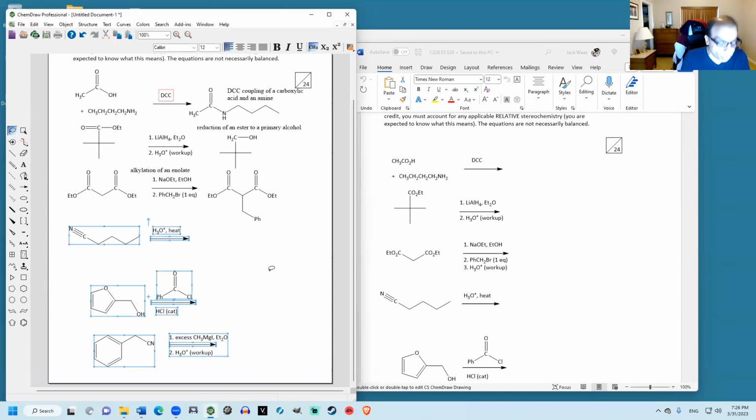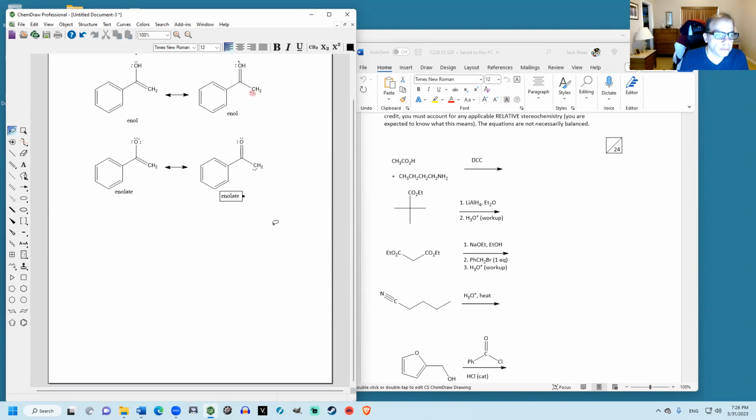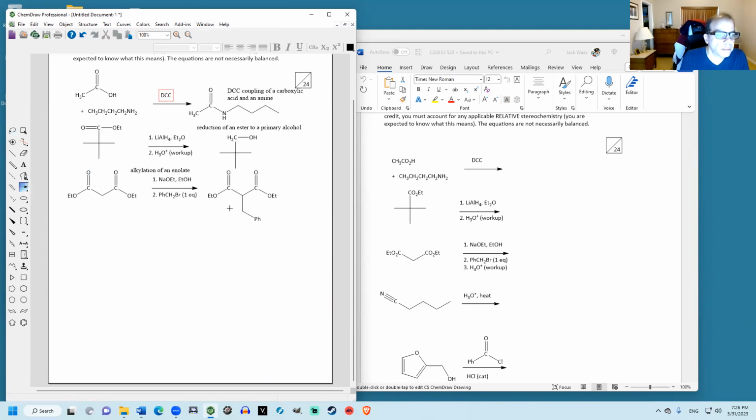Now, if there had also been H3O plus, not workup, but a legit reaction with H3O plus, so if this had said 3, H3O plus, if there were a third step here that said H3O plus, then the acid will hydrolyze both esters, decarboxylate, and tautomerize the resulting enol to the keto form.